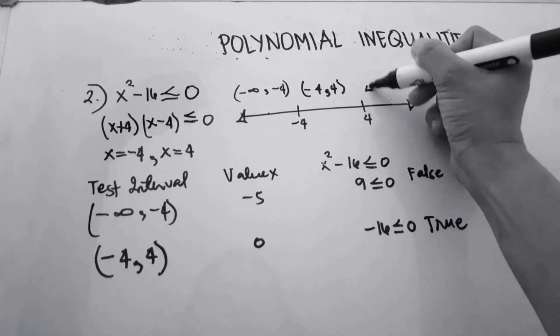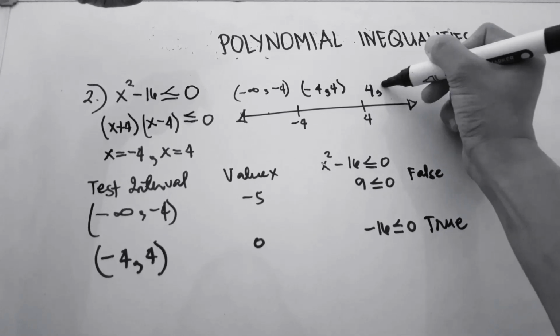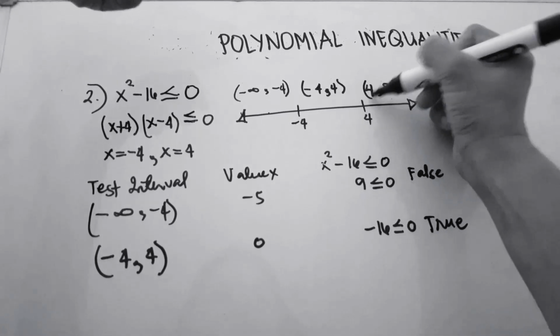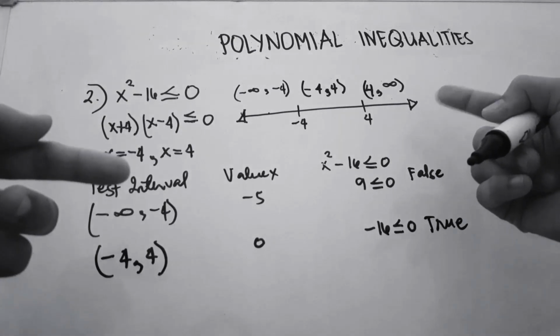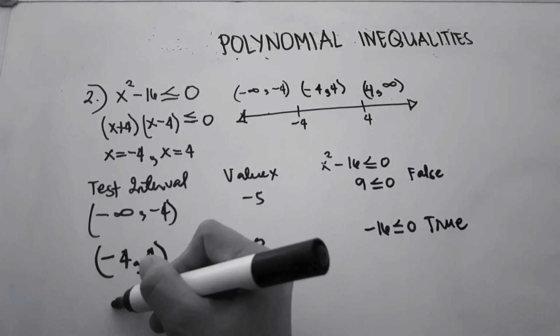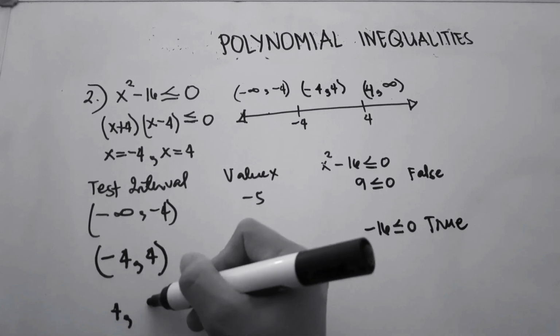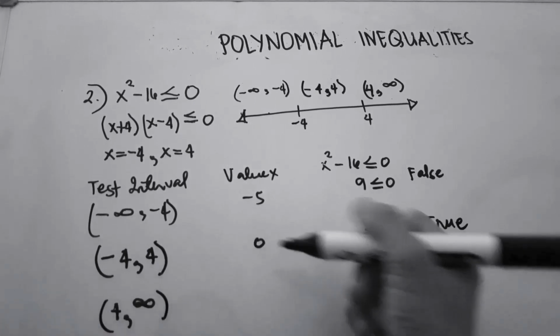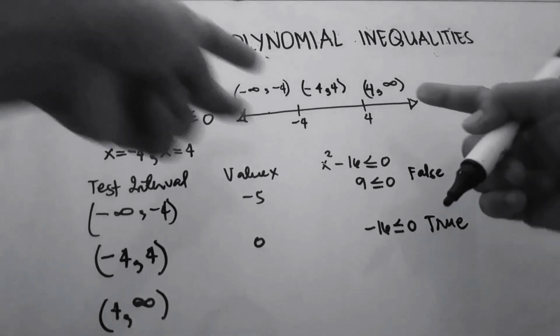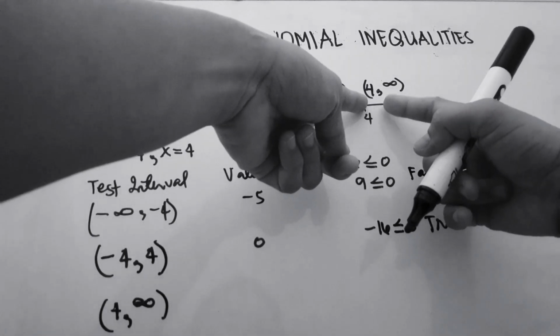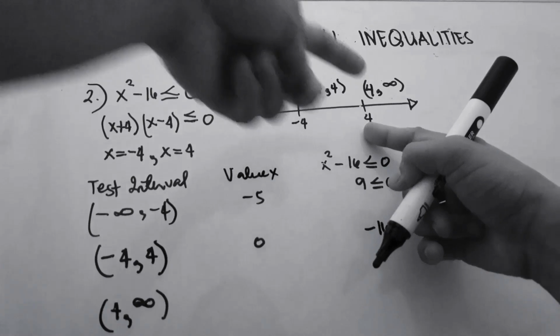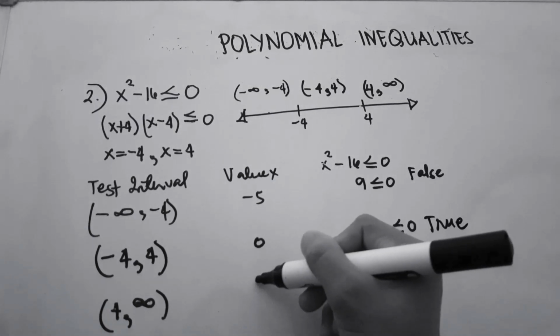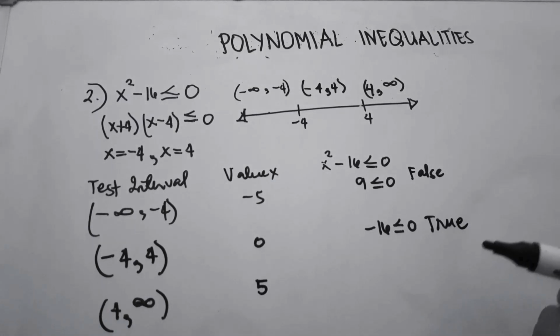Then we can pick from the last test interval, 4 to positive infinity. We pick the value of x from here, not including 4, so let's see if it is 5.